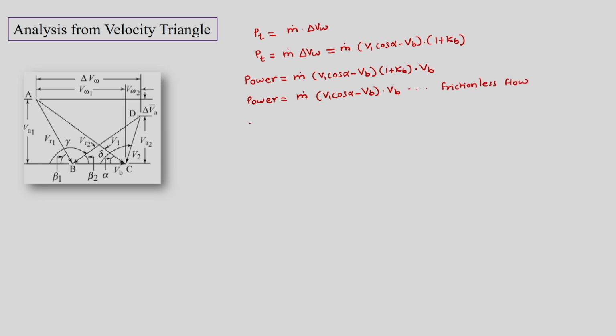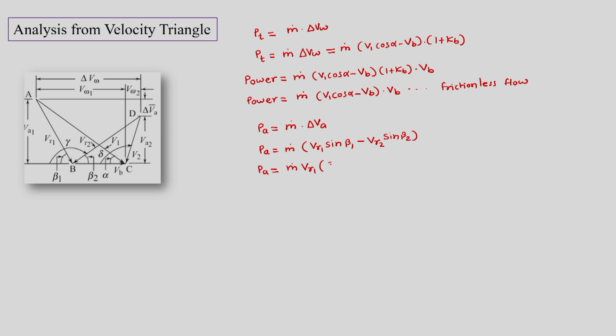Similarly, we will have Pa, which is m dot into delta Va, and delta Va is equal to Vr1 sin beta 1, which is Va1, minus Vr2 sin of beta 2, which is Va2. Then Pa is equal to m dot, and we can take Vr1 common.